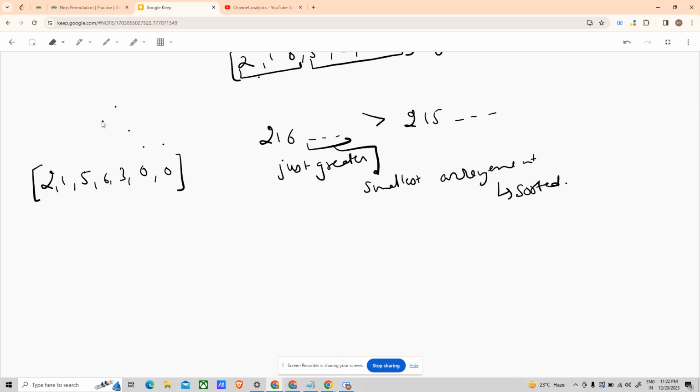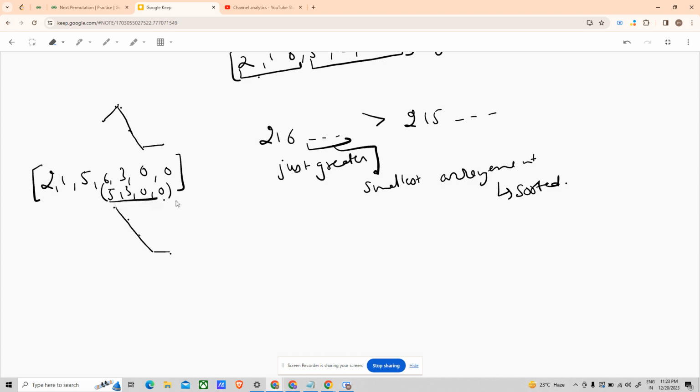Now, if this was the graph, the breakpoint was here. If I swap these up, the graph would be something like 0, 0, 3, 5, 6. So I am able to observe that after swapping it becomes 5, 3, 0, 0.